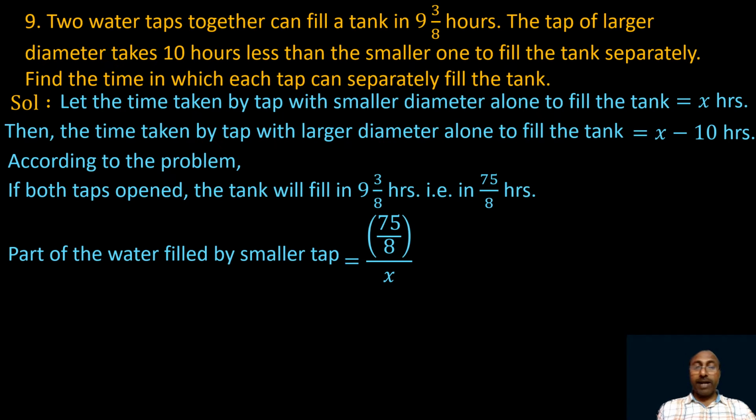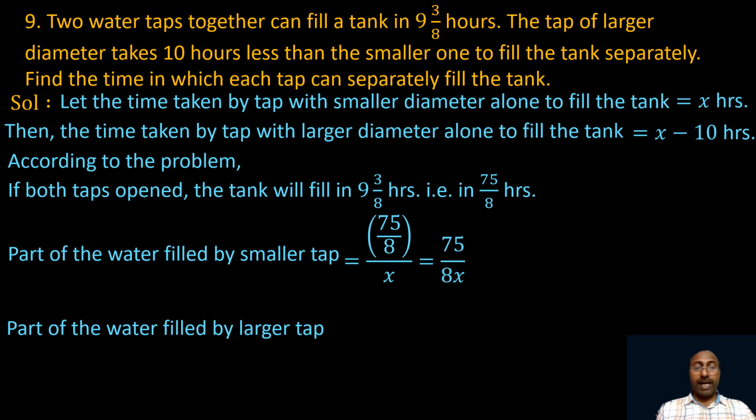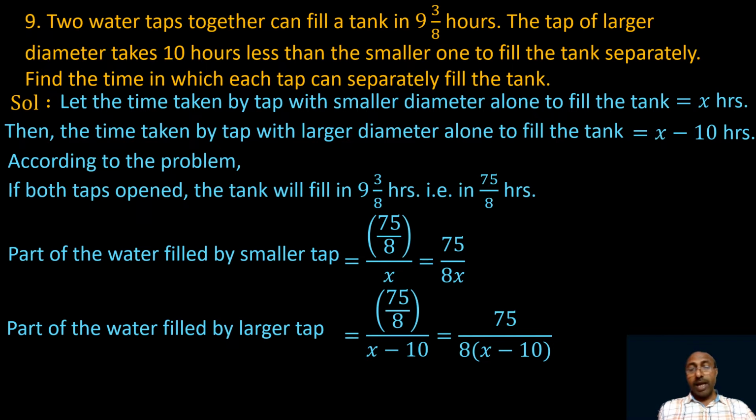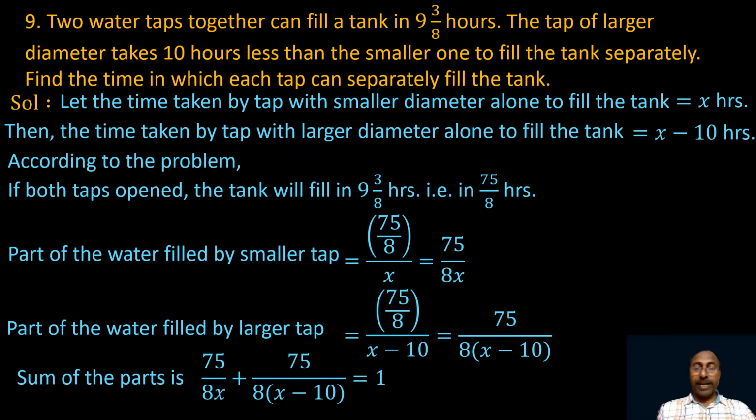Similarly, the part of the water filled by the larger tap is 75/8 into x minus 10. After 75/8 hours the total tank will be filled. That is, the sum of the parts, 75/8x plus 75/8 into x minus 10, is equal to 1.